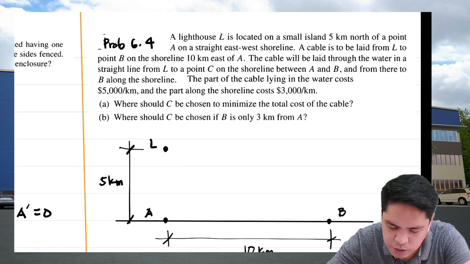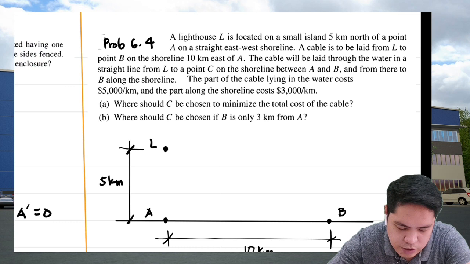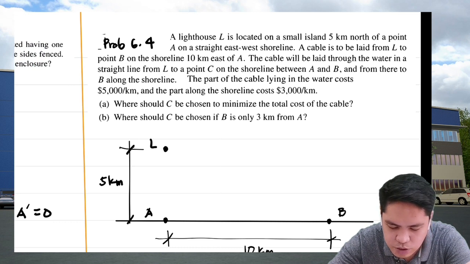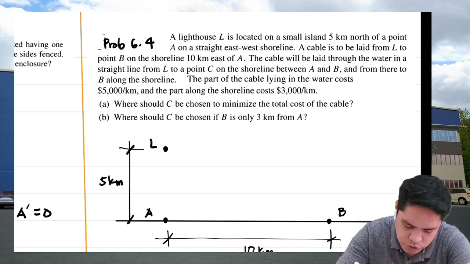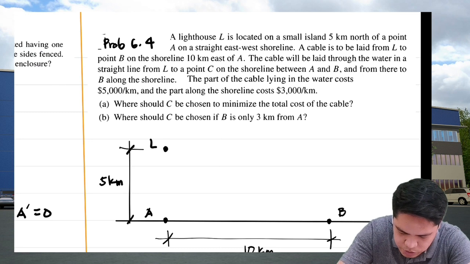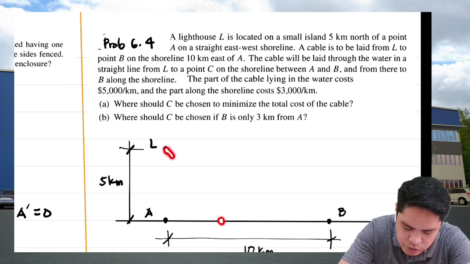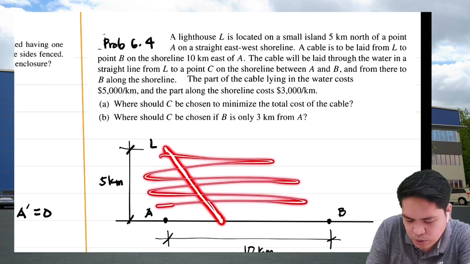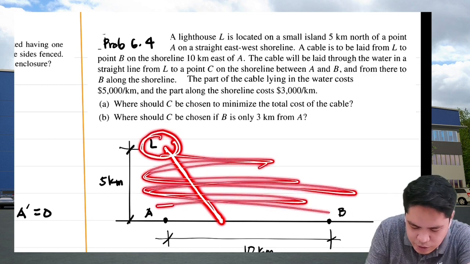The cable will be laid through the water in a straight line from L to a point C on the shoreline between A and B. So, we will choose a point between A and B. So, that will be point C. To which, from L, doon natin i-direct yung cable natin through the water. Kasi, di ba, tubig to. This is an island. Tapos, this is a body of water.